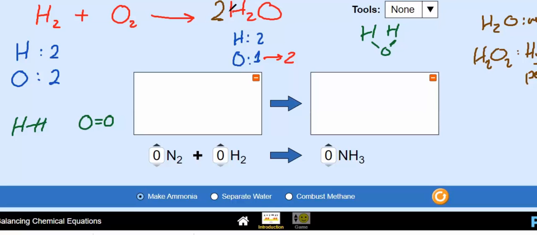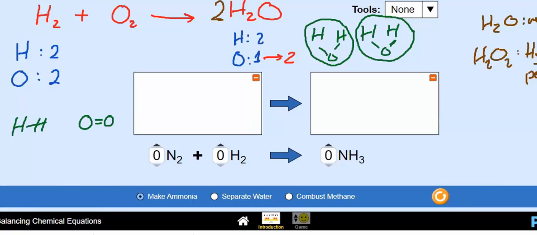If I put 2 here, this means that I have 2 water, not 1. So instead of 1 water molecule, I have 2 water molecules. I added an extra water molecule to the right-hand side. Now this enabled me to change the number of oxygen to 2 instead of 1.